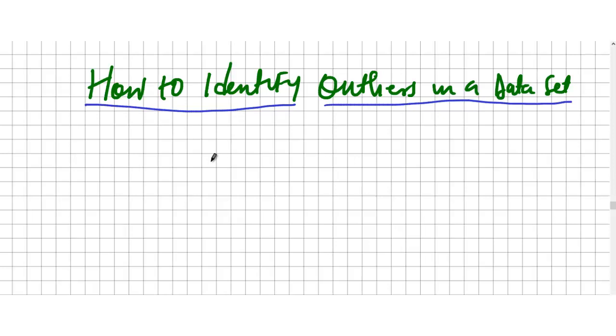For instance, let me give you an illustration. Say you have a histogram like this. You have something like this, and another one like this. You can see that these data values are close to each other. Maybe at the end you have some other ones like this.